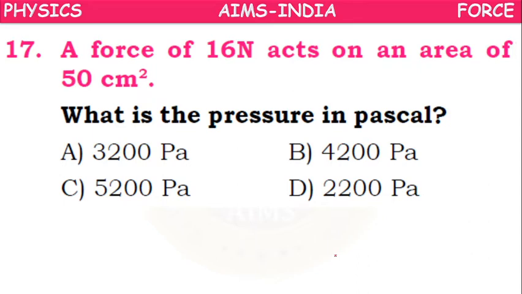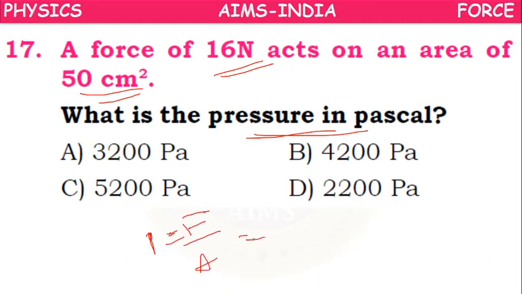Next. A force of 16 newtons acts on an area of 50 centimeter square. What is the pressure in pascal? We know that pressure means force by area. Force means how much here? 16 newtons.